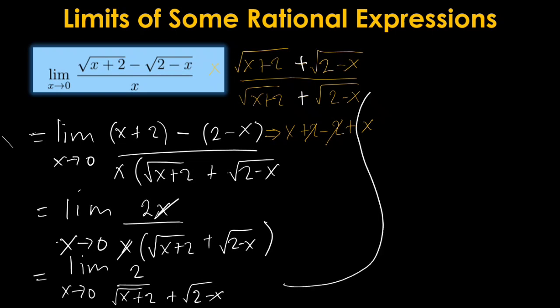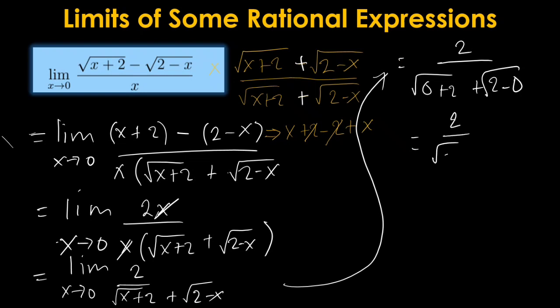We can then evaluate this. We have now 2 over square root of 0 plus 2 plus square root of 2 minus 0. This becomes 2 over square root of 2 plus square root of 2 for our denominator.